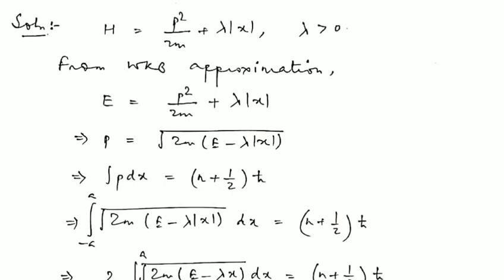Okay, so if you substitute the value of p that I've calculated using the WKB approximation, or the semi-classical approach rather, you can write this equation as the integral from minus a to a of root over 2m into E minus lambda times mod of x into dx equals n plus half into h bar. Now to extract the dependence of E with lambda, we use a very general trick called non-dimensionalizing the equation.